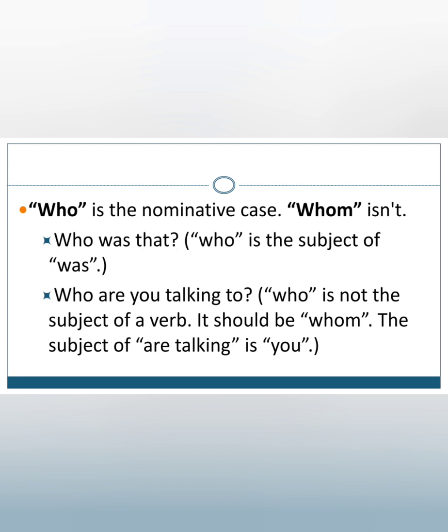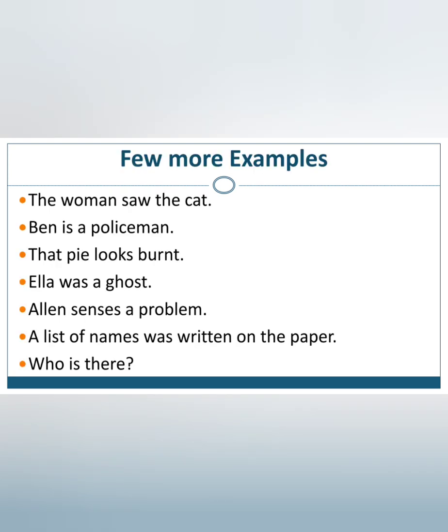Let's take a look at a few more examples to understand this better. The woman saw the cat. Ben is a policeman. That pie looks burnt. Ella was a ghost.